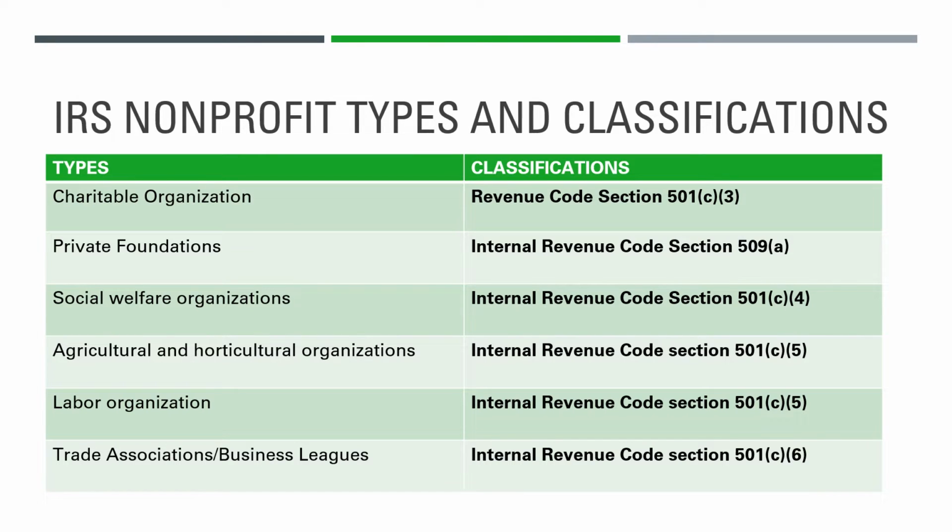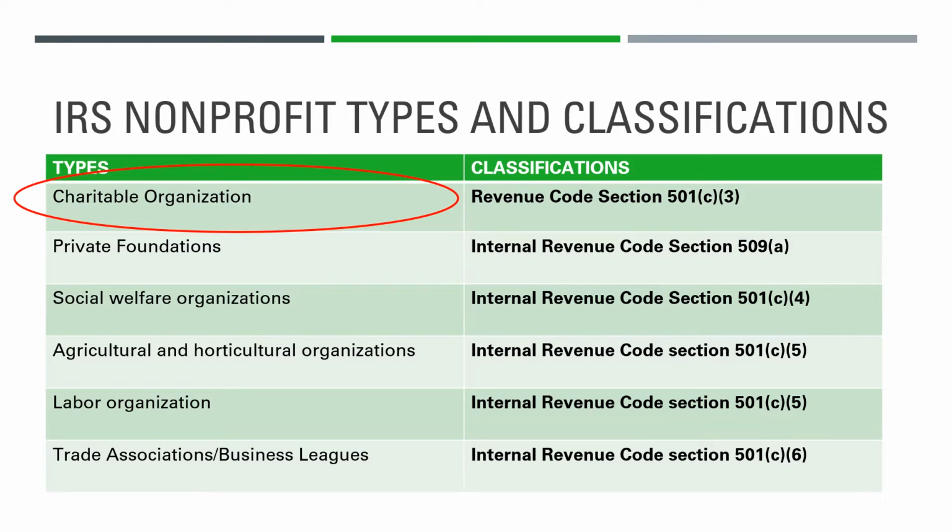But the major classifications in starting a nonprofit based on the IRS code are either 501c3, 509A, 501c4, 501c5, or 501c6.